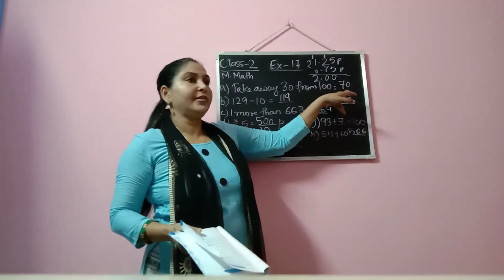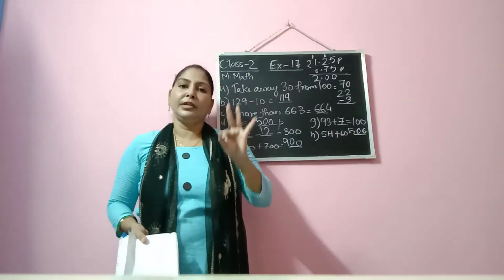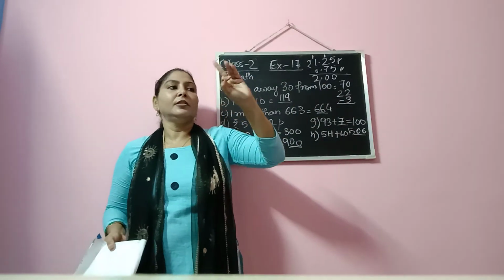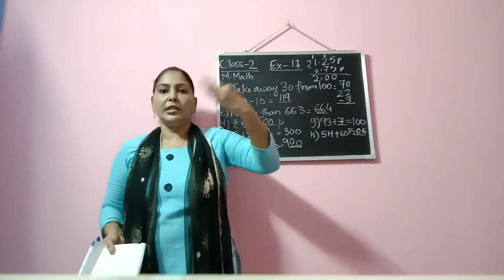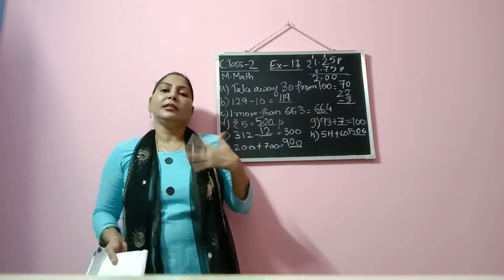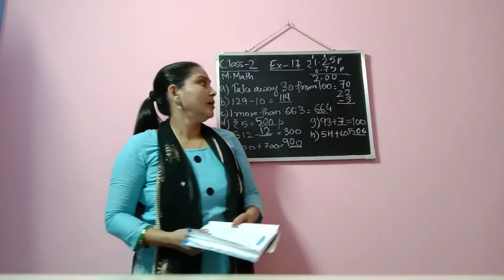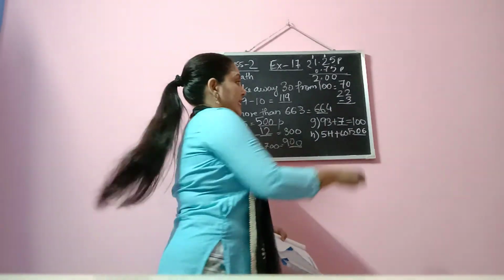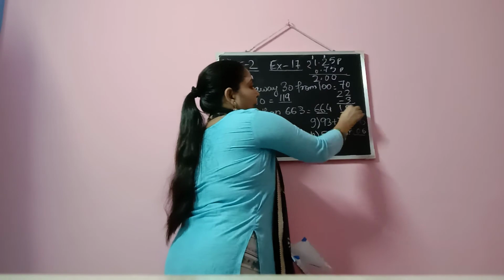After 22 you just count 3 times backward: 21, 20, 19. So that will be easier for you. When we learn subtraction with borrowing, then you will understand how to do this sum. So finally the answer is 19 by doing backward counting.